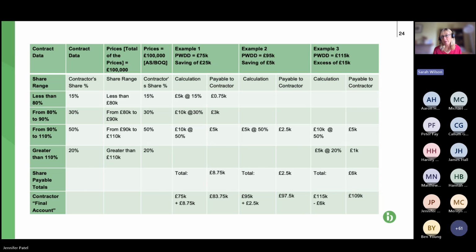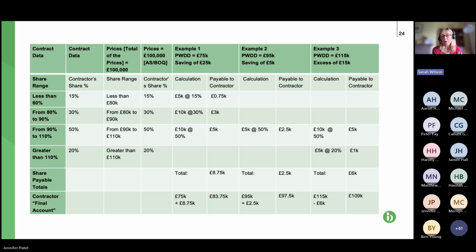I like this one because happy days. We're in a gain situation because the cost of the work has come in under the £100,000 for the target. And you'll also notice that the target is a very handy 100,000, so it means that the percentages are a lot easier to work out.